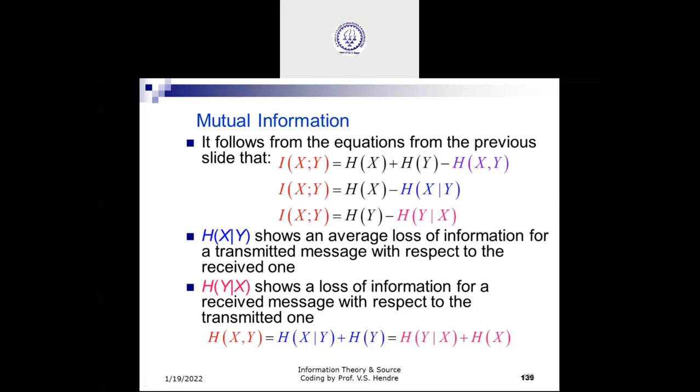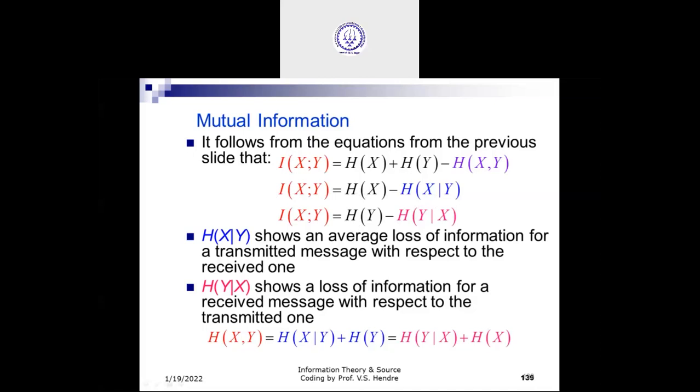In that example, the additional point we can calculate is the mutual information if we know the individual entropies of that particular channel. So I of x semicolon y will be h of x plus h of y minus h of x given y, or it is h of x minus h of x given y, or it is h of y minus h of y given x.